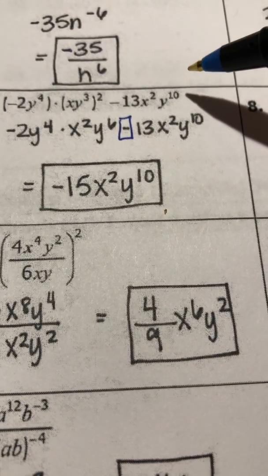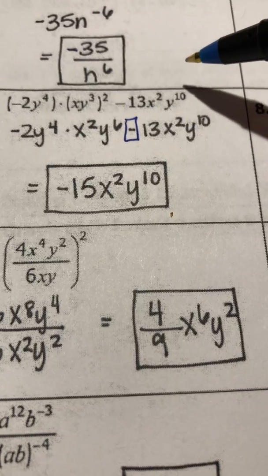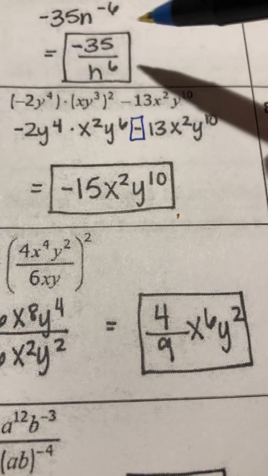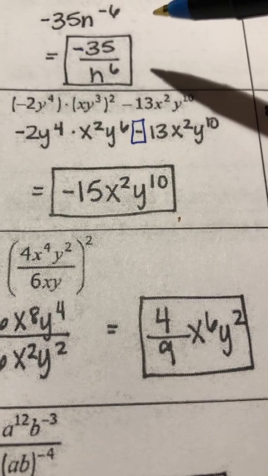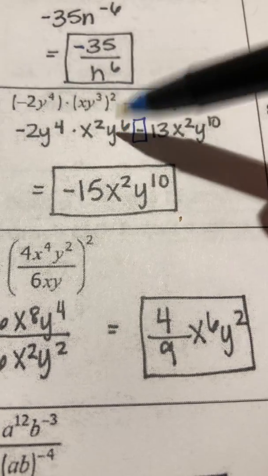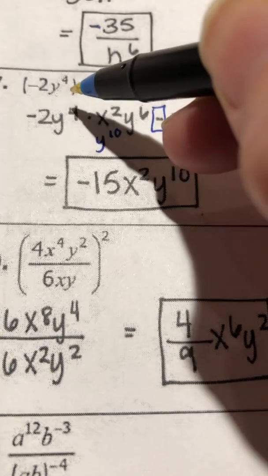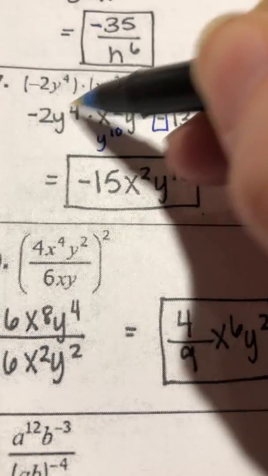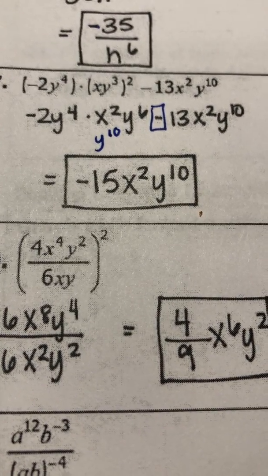Now, if you look at this, which is kind of cool, when I combine these two, these are going to be, if you think about it, y to the 10th, right? Because I'm basically multiplying the y values and I'm going to add the exponents. Got it? Okay.